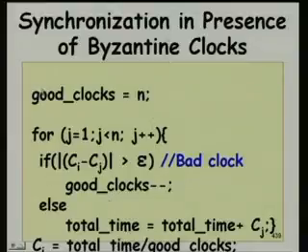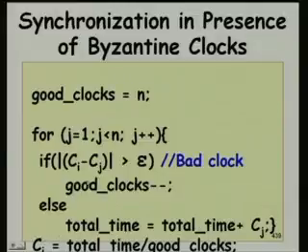So, this is the pseudocode for that simple thing. See, the number of good clocks to start with is n, a global variable set to n. Now, it computes, this is one interval for synchronization. So, what it does is, if the clock drift is more than epsilon, it is a bad clock, it just reduces the number of good clocks, and if it is a good clock, within this bound, it just computes the total, and then computes the average.